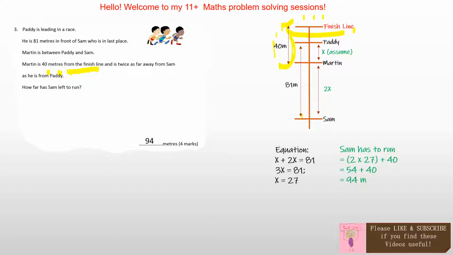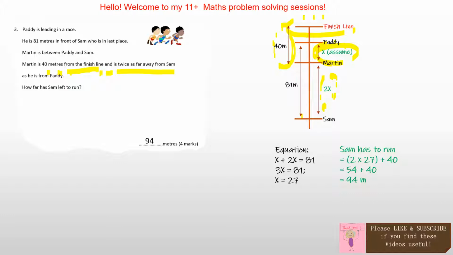And then also Martin is twice as far away from Sam as he is from Paddy. So he is twice as far away from Sam. That's why I've put in 2x, assuming that the distance between Paddy and Martin is x. So if the distance between Paddy and Martin is x, the distance between Martin and Sam is going to be 2x.